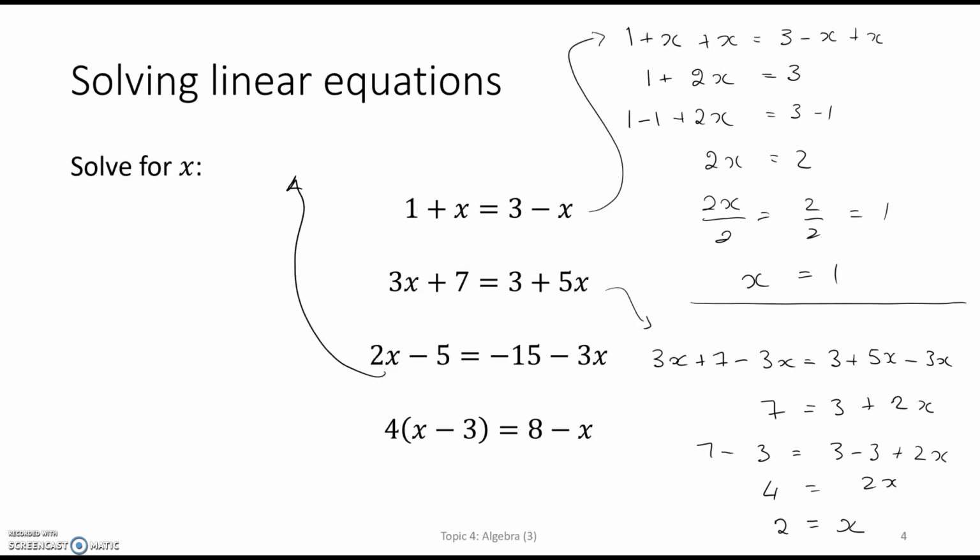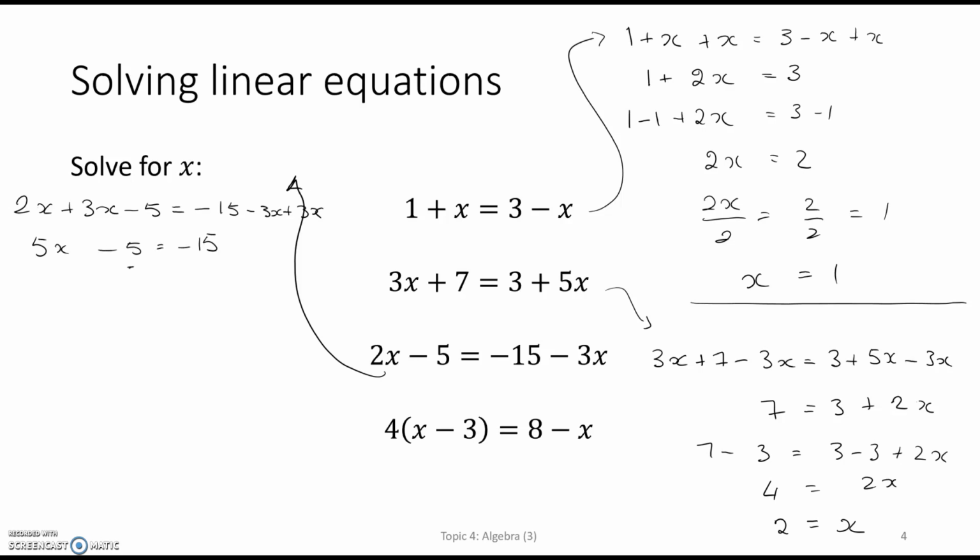2x minus 5 equals negative 15 minus 3x, so I'm going to add 3x to each side. Tidy it up. So 5x minus 5 equals negative 15.